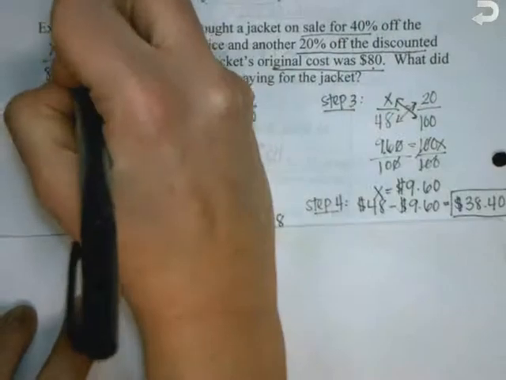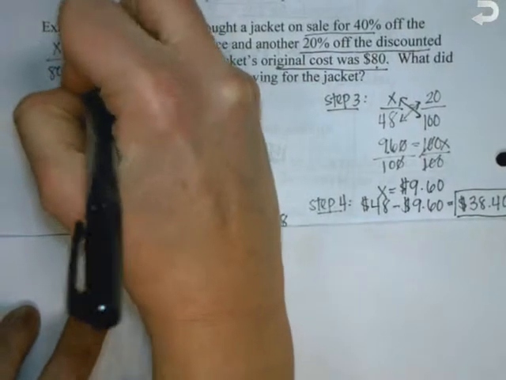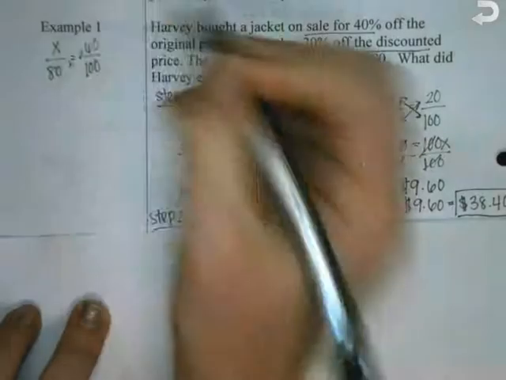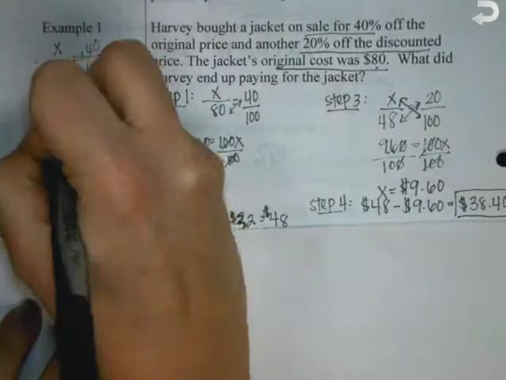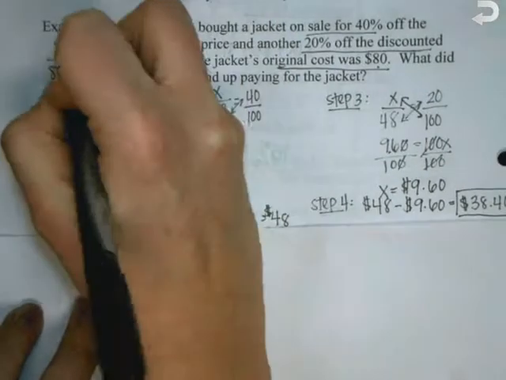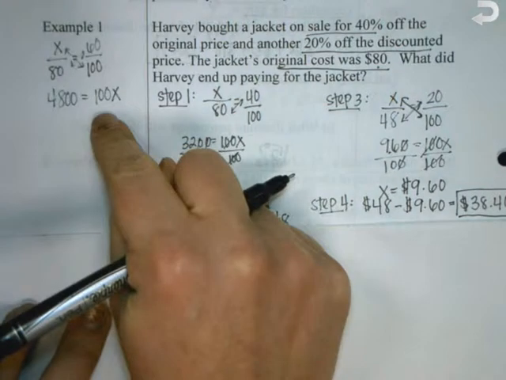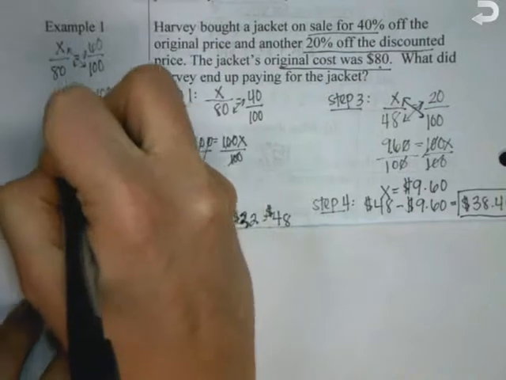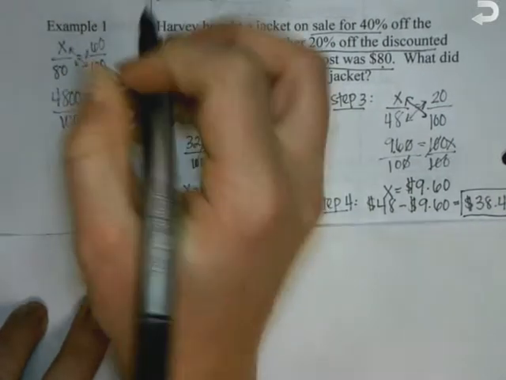When I cross multiply, that gives me $4,800 equals 100x. Divide both sides by 100. Those zeros cancel and those zeros cancel. So I get x equals a total discount of $48.